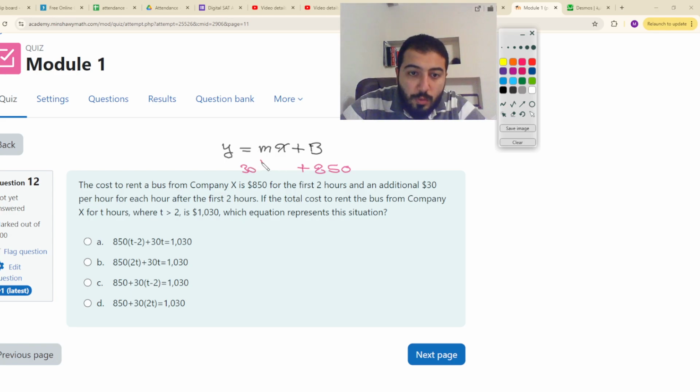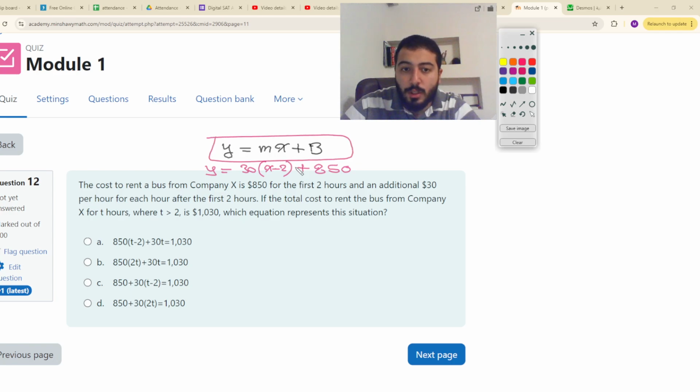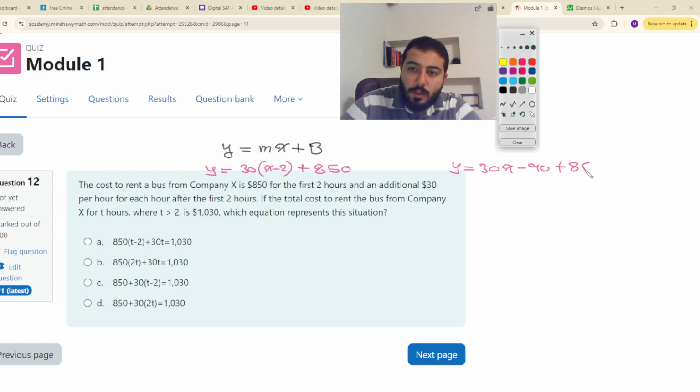So here we will say 30 multiplied by x minus 2. This is the linear equation. If you need to know the exact initial value from the linear equation, you can distribute the 30 inside the bracket, so it will be 30x minus 90 plus 850.